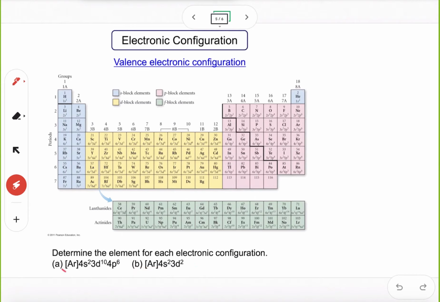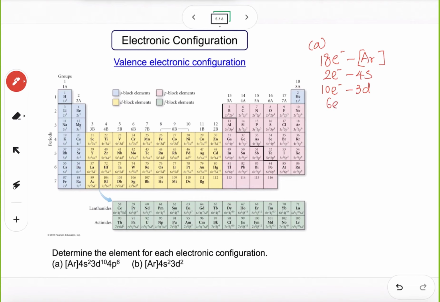We know that argon, right here, you have 18 electrons. Let me write it here: 18 electrons for problem A, 18 electrons from the argon core. And then the 2 electrons on the 4s orbital, 10 electrons from the 3d orbital, and 6 electrons from the 4p orbital.